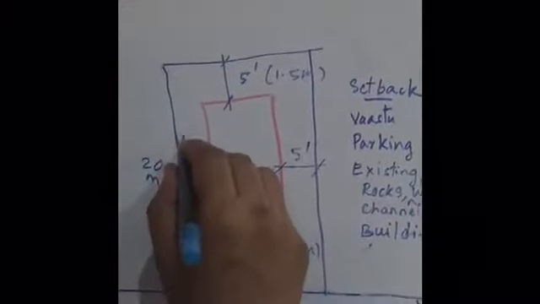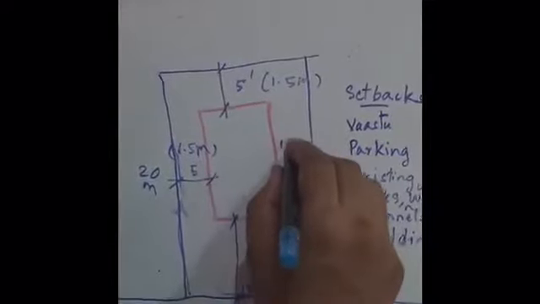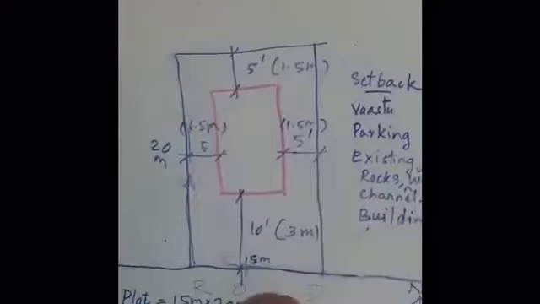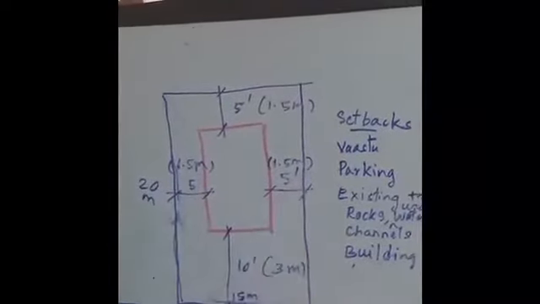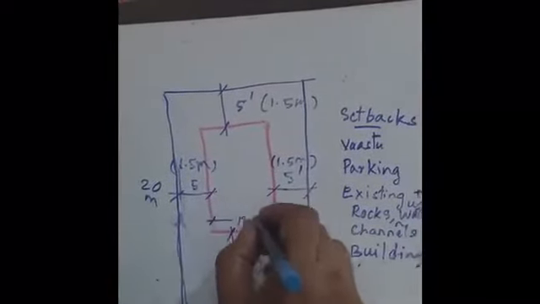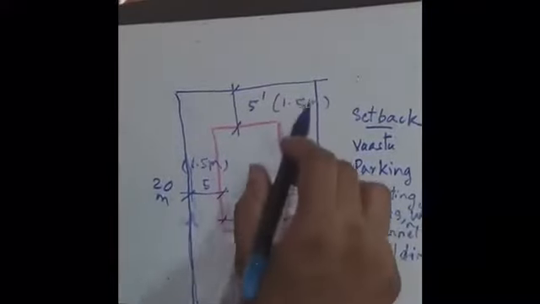So that's 1.5 meters and 1.5 meters. So if we go by the original design of 15 meters, if you take out 1.5 plus 1.5 from 15, this is 12, right? And this is 3 plus 4.5.